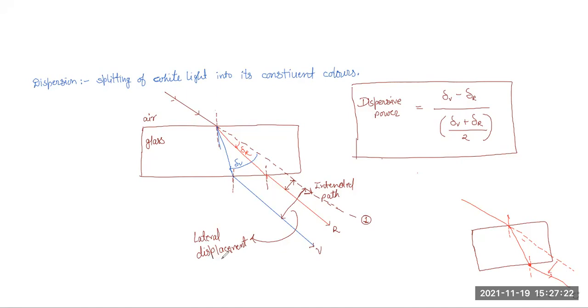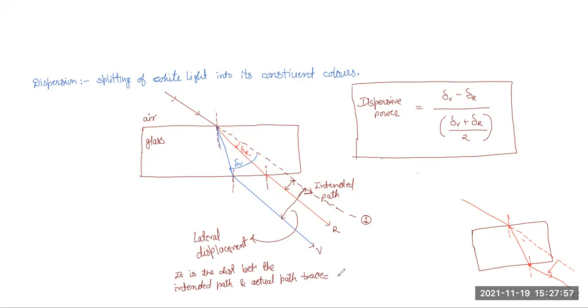So lateral displacement, we can simply define it in definition terms: it is the distance between the intended path and the actual path traced by light.